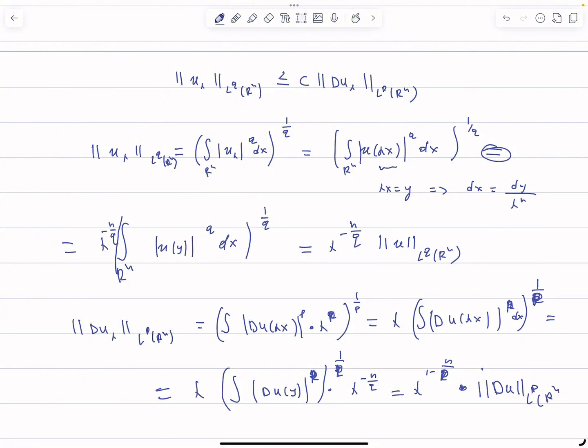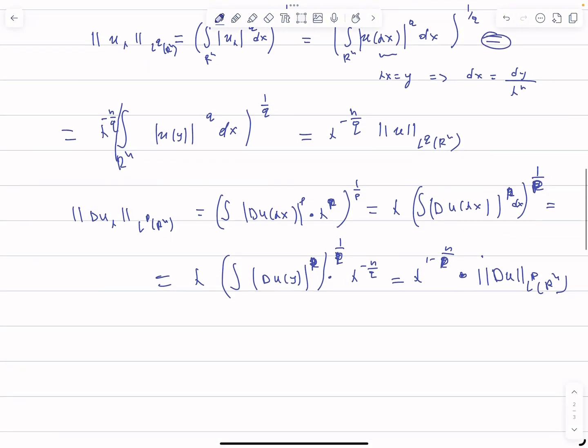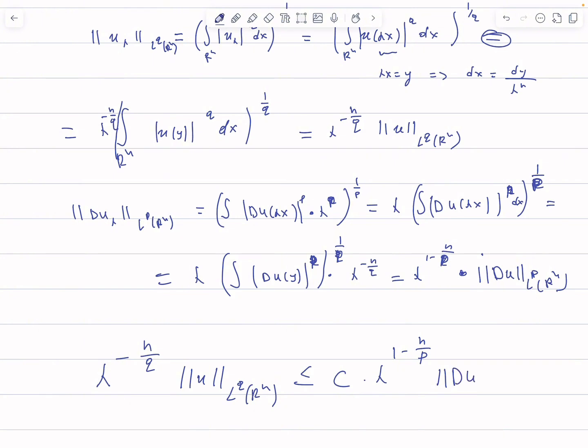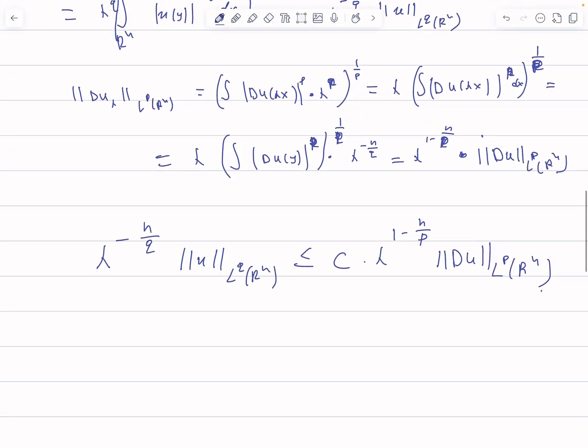Then in R^n, let's put this in our inequality. We get lambda^(-n/q) times the norm of u in L^q(R^n) less or equal than C times lambda^(1 - n/p) times the norm of Du in L^p(R^n). Now we take this to the right side.